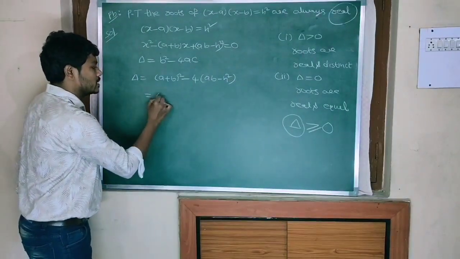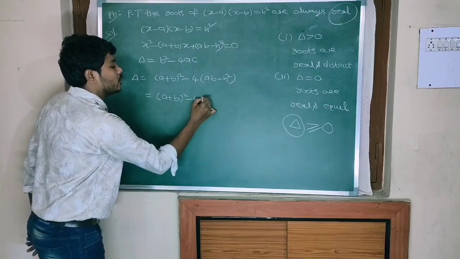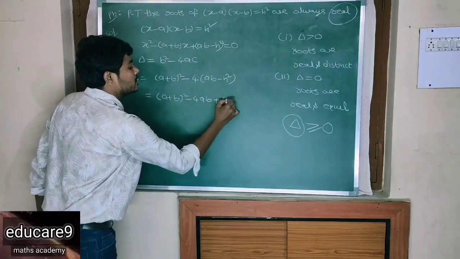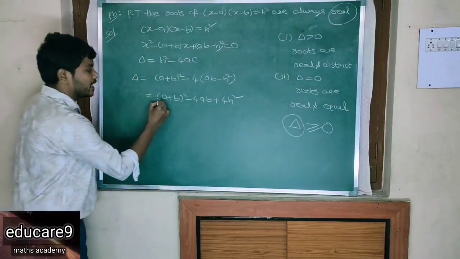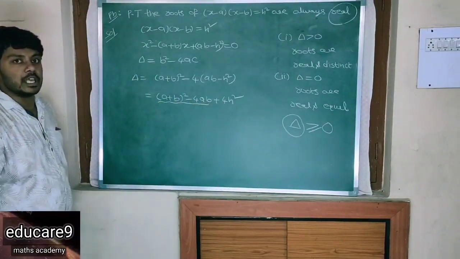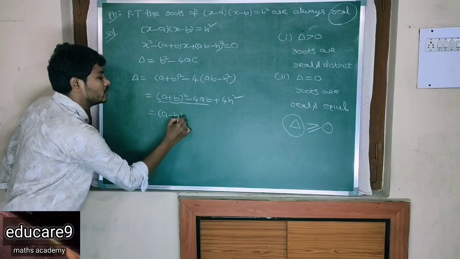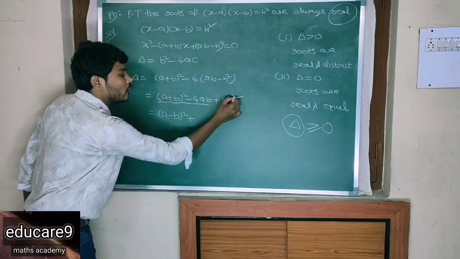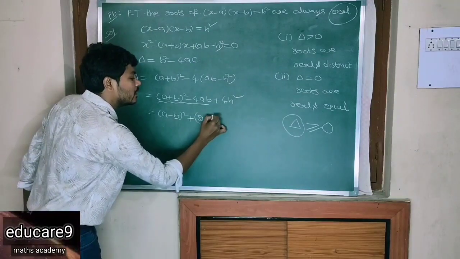So this is (a plus b) whole square minus 4ab plus 4h square. So you know that (a plus b) whole square minus 4ab value is (a minus b) whole square, plus 4h square, write as (2h) whole square.